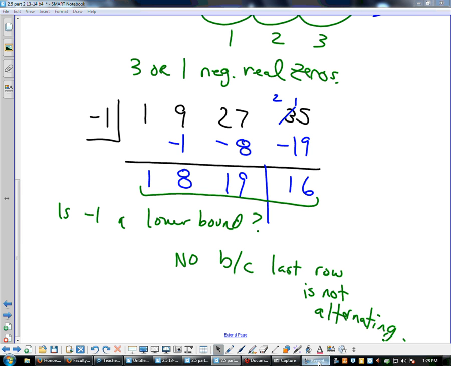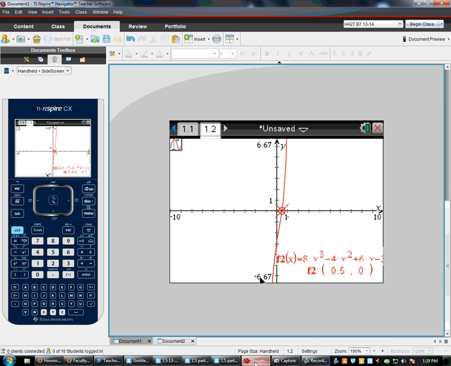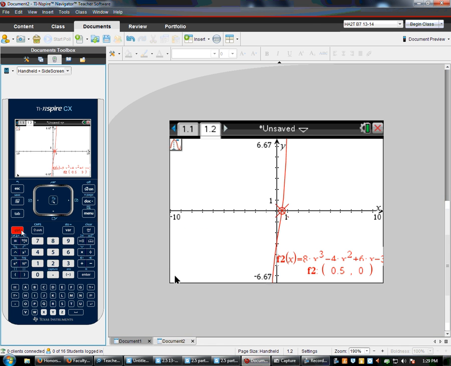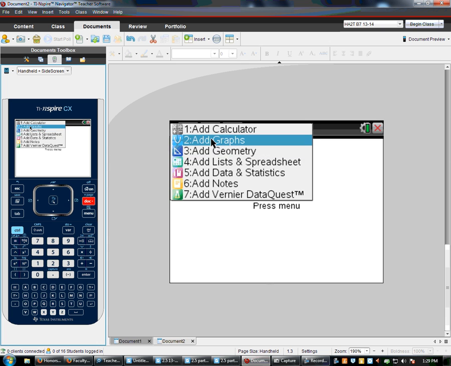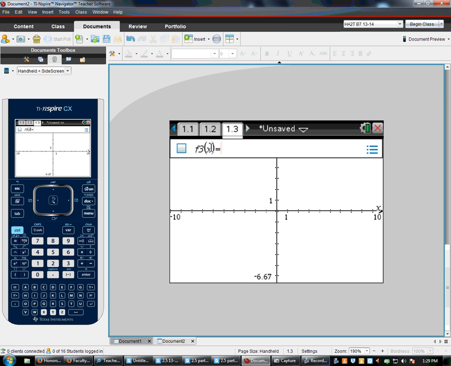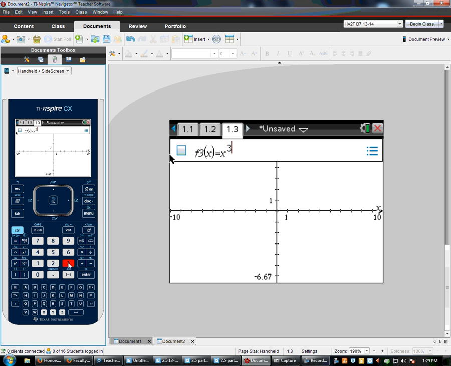Let's pull up the graph and see how we're doing with this. So we're trying x to the third plus 9x squared plus 27x plus 35.